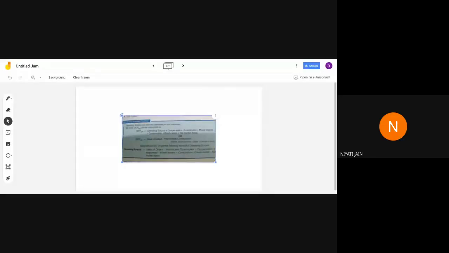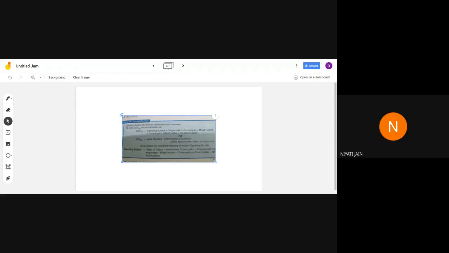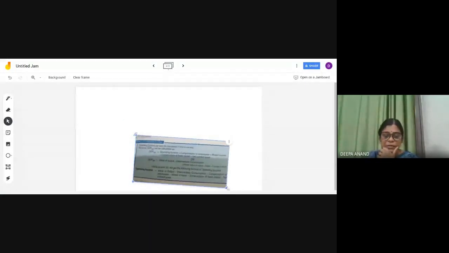Rent, royalty, profit, interest. All these make the operating surplus. That means whatever returns the owner gets from his business, all together is known as the operating surplus.